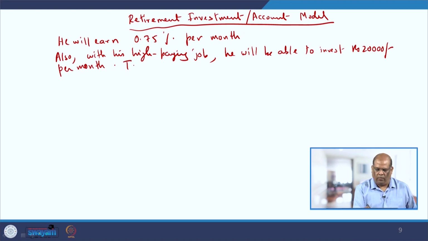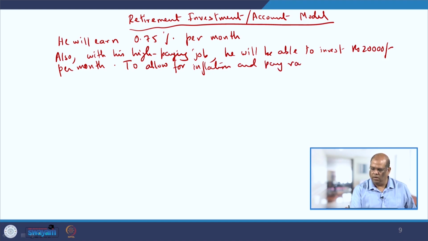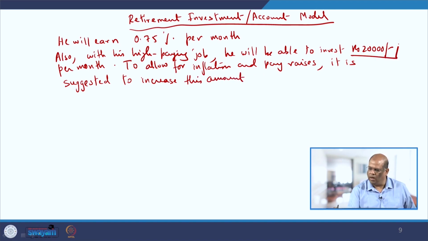And to take care of the inflation, and of course, there are pay raises, it is suggested to increase this amount, this 20,000, by 0.5% per month.